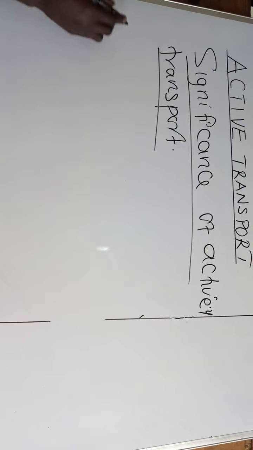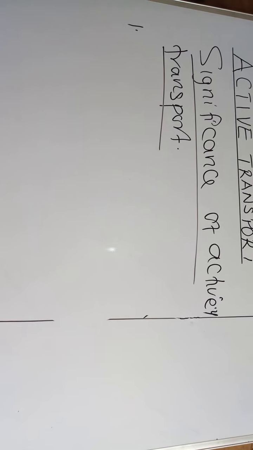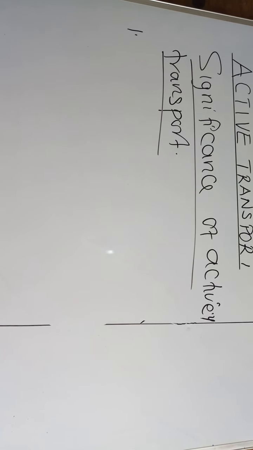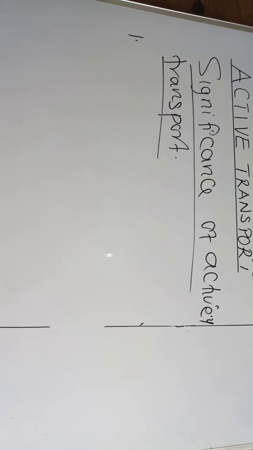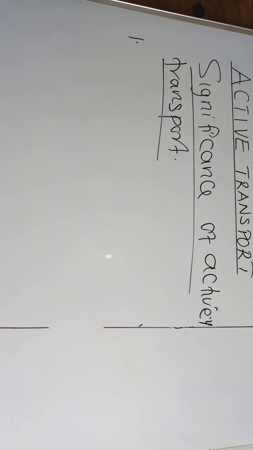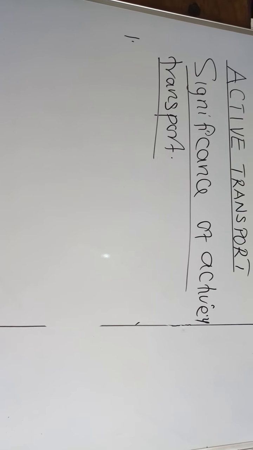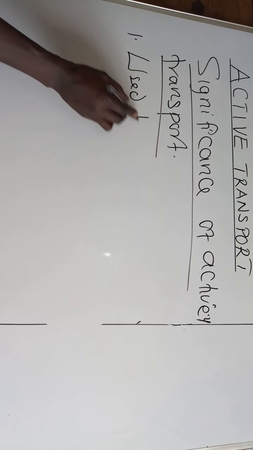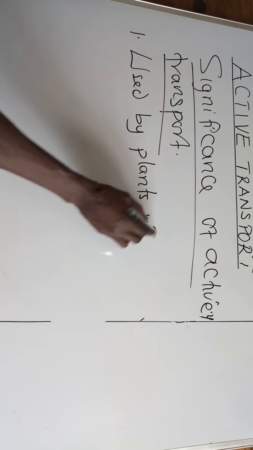That is, how is it important to the bodies of living organisms like plants and animals? 1. In plants, the process of active transport is used in absorption of mineral ions from the soil. So, 1, used by plants in absorption.